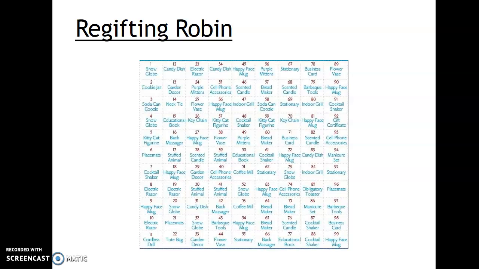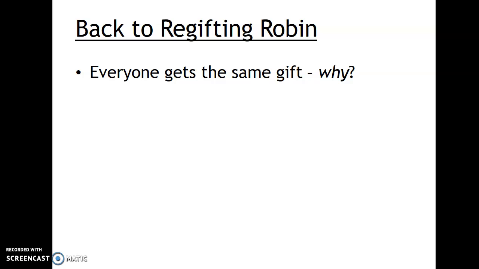If you actually look around at the pattern, all those numbers that I've called out so far are multiples of 9, right? In terms of what's happening, it feels like somehow Regifting Robin knows that no matter what, we end up on a multiple of 9.